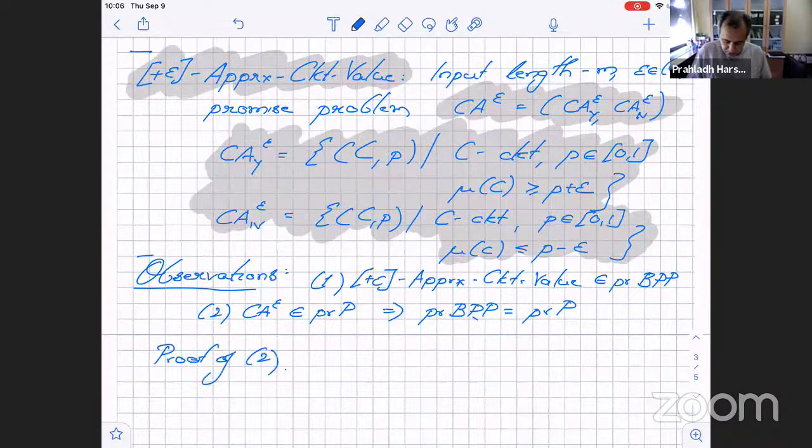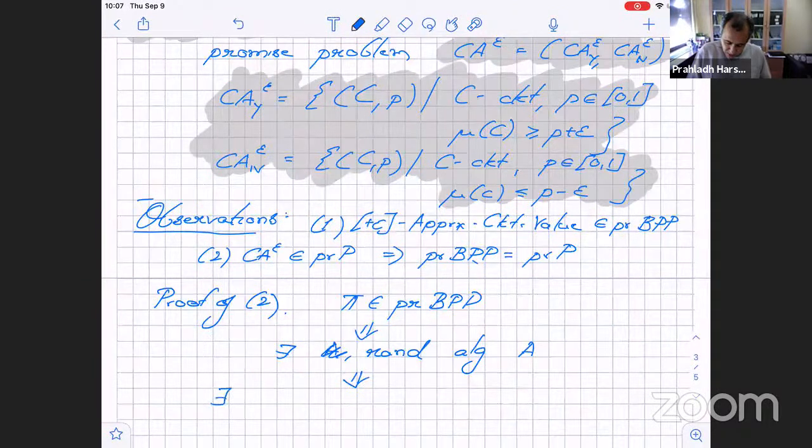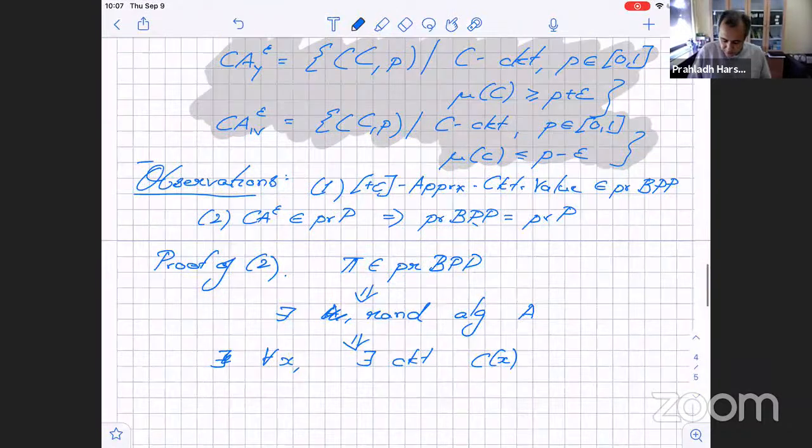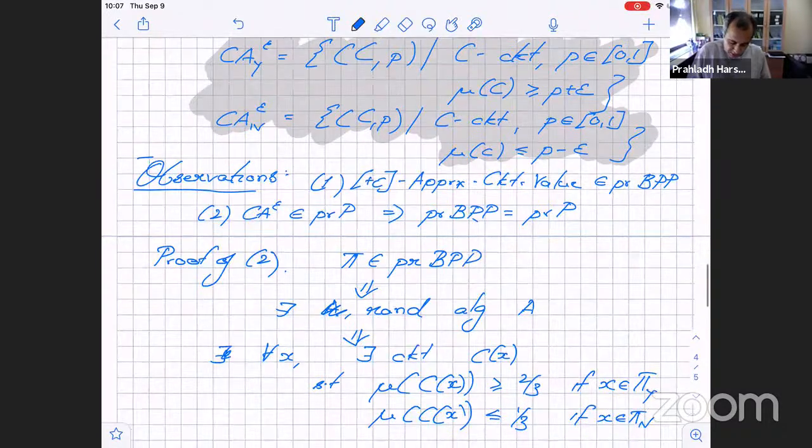Suppose you have some problem from BPP, that implies there exists a randomized algorithm A. That also, we saw, implies that for all inputs x, there exists a circuit C of x such that mu of C of x is greater than 2/3 if x is in Pi_Y, and mu of C of x is less than 1/3 if x is in Pi_N.